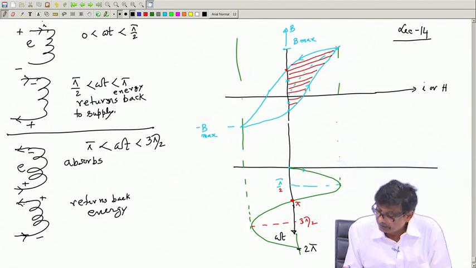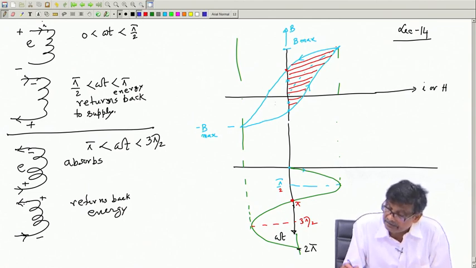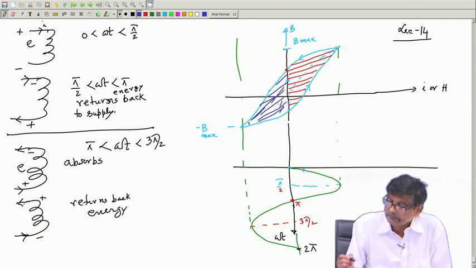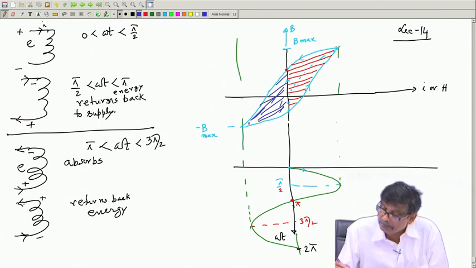So, effectively when current makes a complete full cycle, the area corresponding to that will be this. So, total energy absorbed in one cycle of current variation will be this area plus this area.